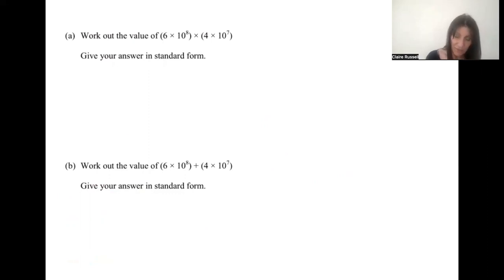Okay, so for standard form, I do numbers first, powers second. So the numbers we've got are 6 times 4, which is 24. And then I've got 10 to the 8 times 10 to the 7, which is 10 to the 15. Put that together and you've got 24 times 10 to the 15.